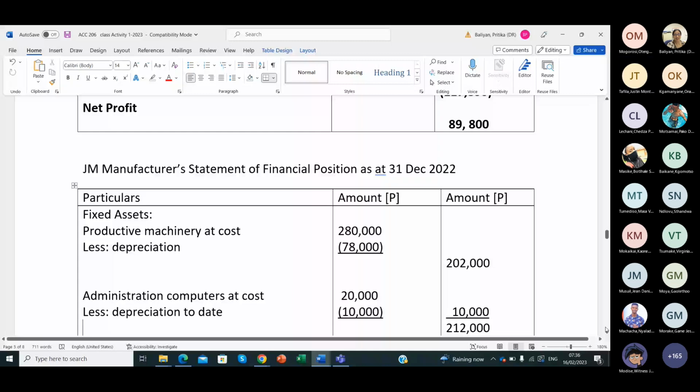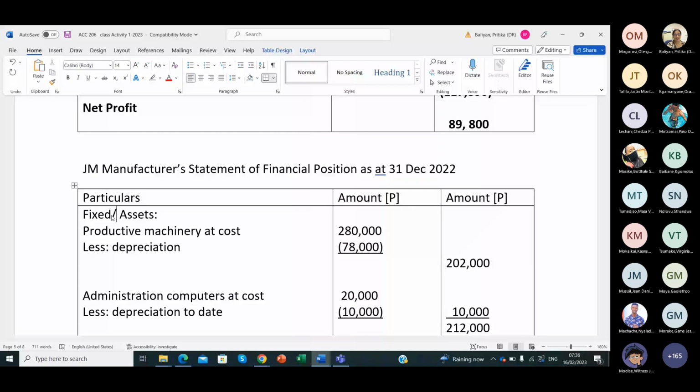Good. So now we are preparing, for the same business, the statement of financial position at the end of the year, 31st December. The format is still the same. We always start the financial position with the non-current assets, or fixed assets. What non-current assets does the business have?